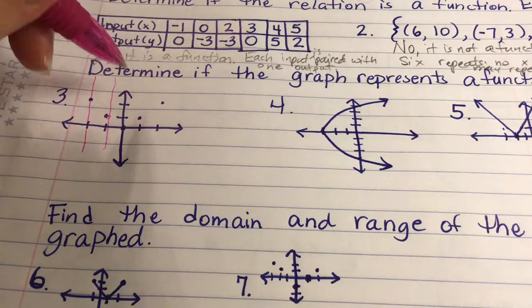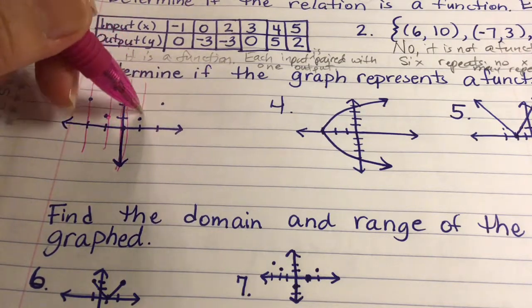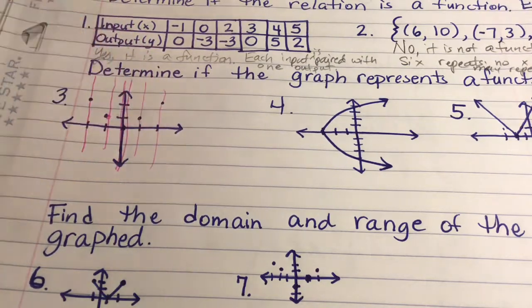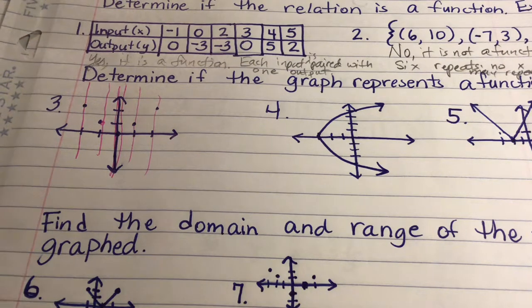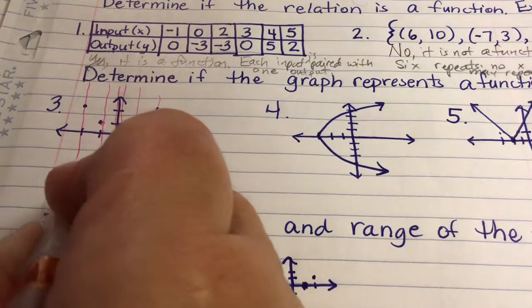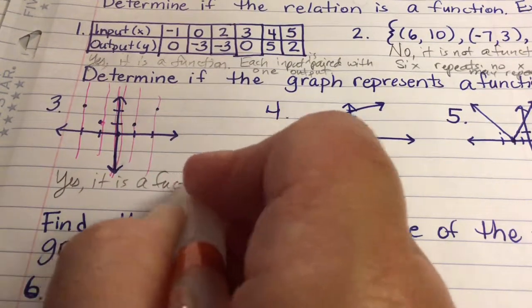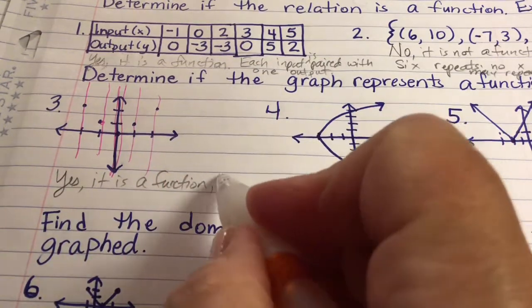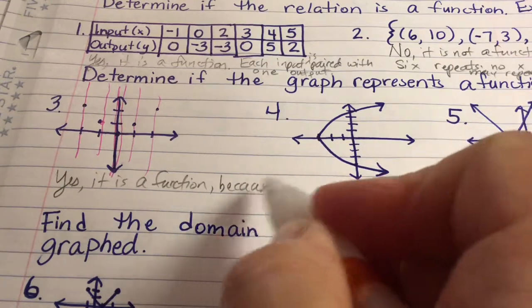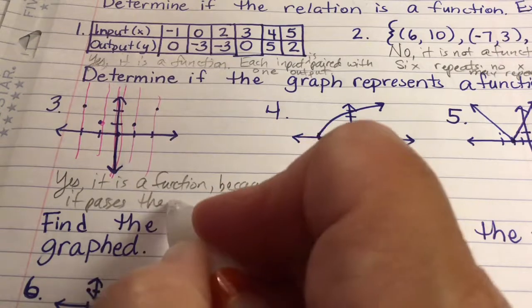I missed that one, pretend like it went through it. There's a vertical line through that, the axis. Pass the vertical line test? Yes. Every one of my pink lines only passes through one point on the graph, and so yes, it is a function. It is a function because it passes the vertical line test.